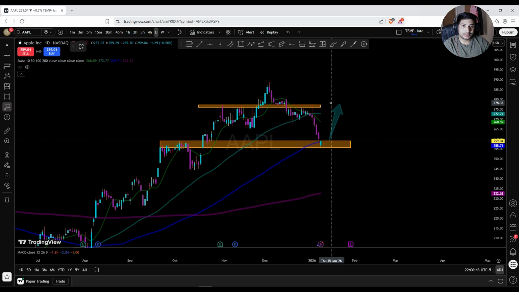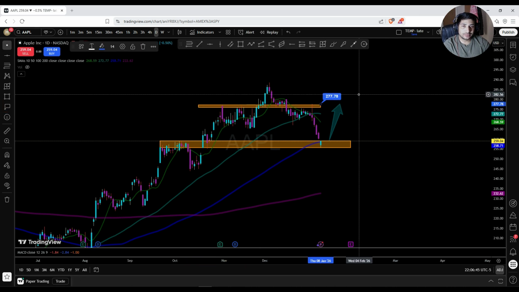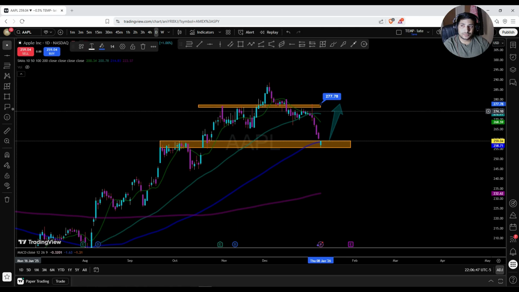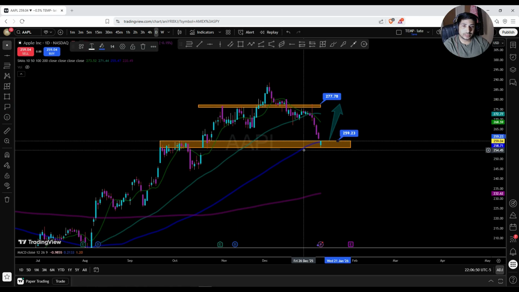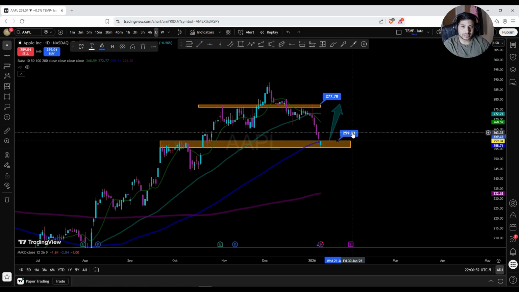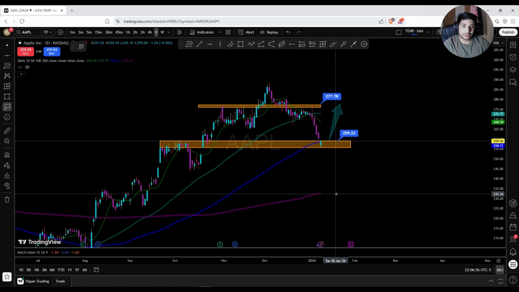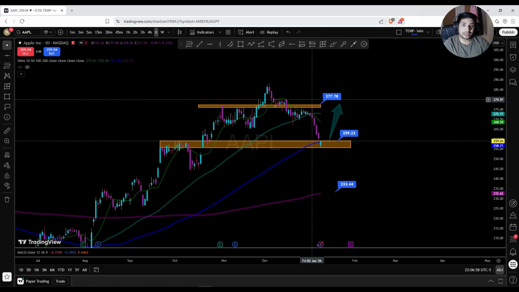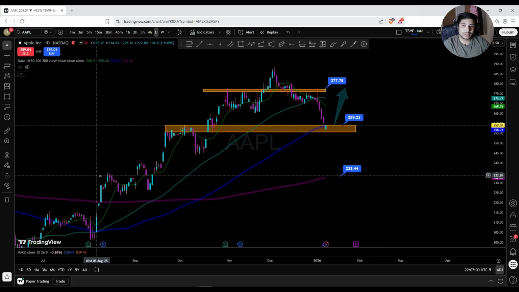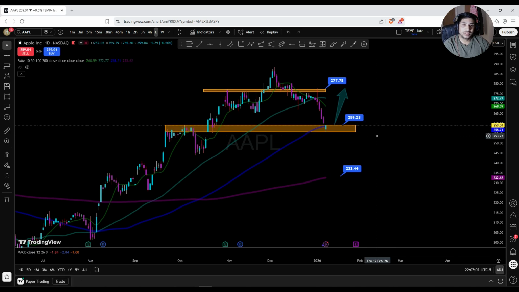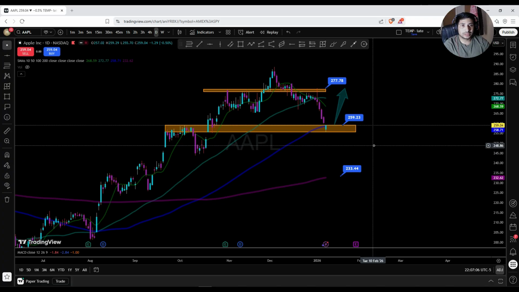If we mark up here, that is around the 277 range. And if it does not hold this 260 phase, 259.60, we're going to go all the way down to the 232 phase. So that summarizes how Apple is going to behave in future, and we'll see if something surprising comes along and we can update the analysis.